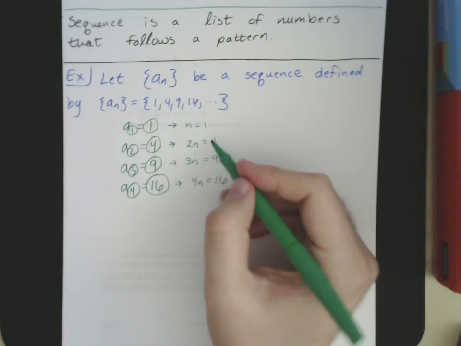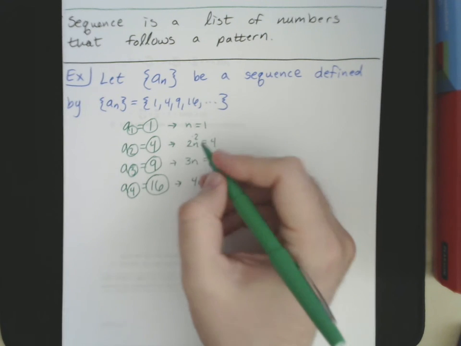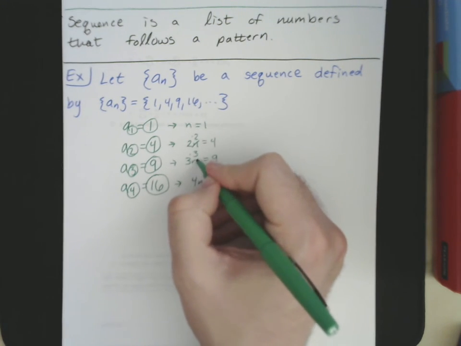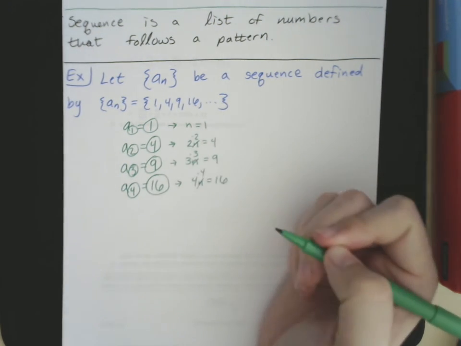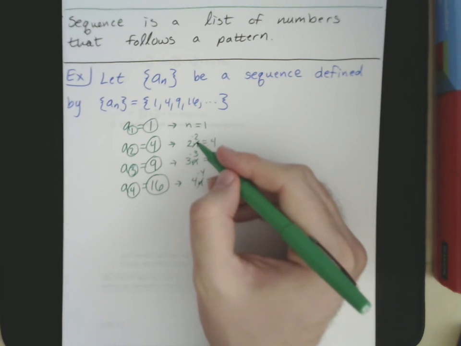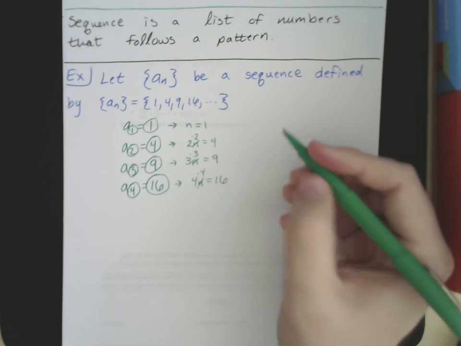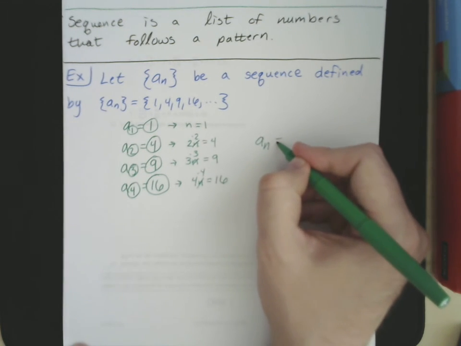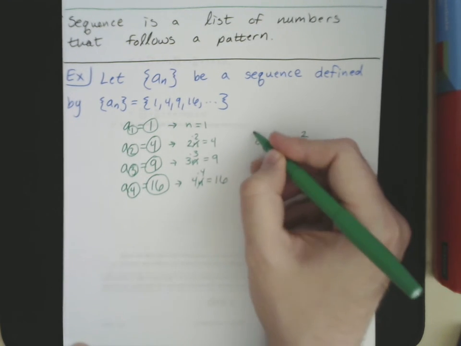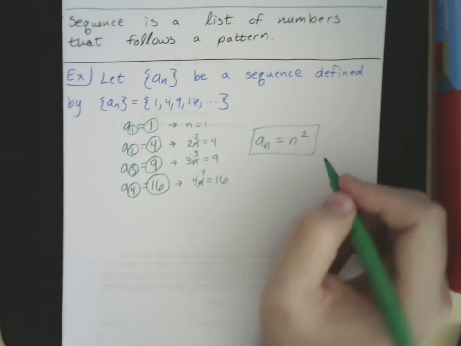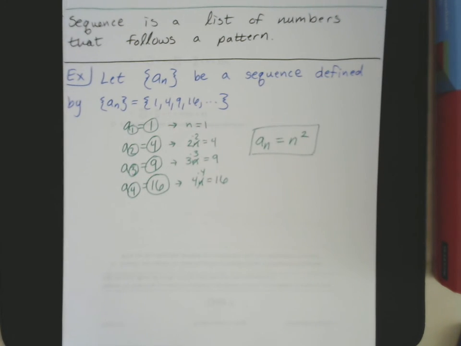And we know this because in this case n is 2, in this case n is 3, and in this case n is 4. What we can notice is that all of these are n times n, n times n, n times n. Or, in other words, a sub n equals n squared. And this will allow us to find any single term.